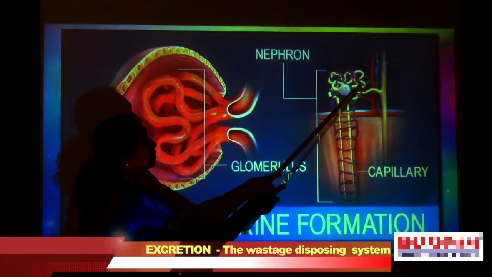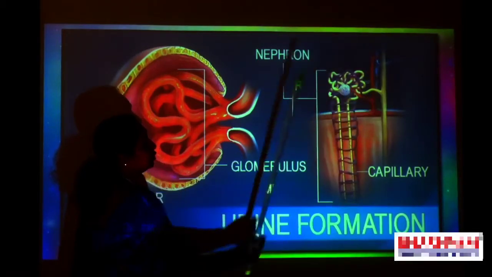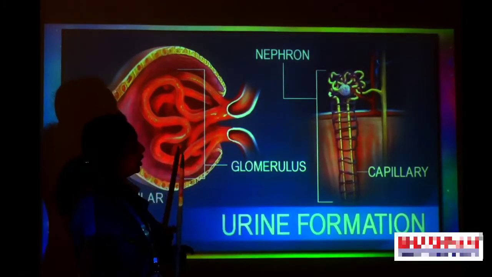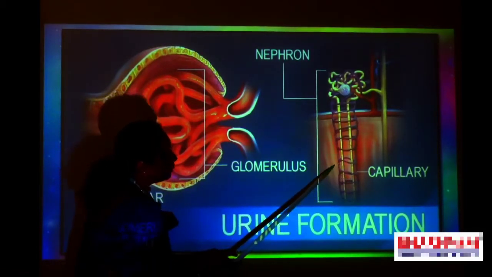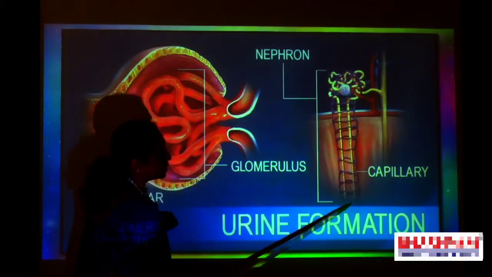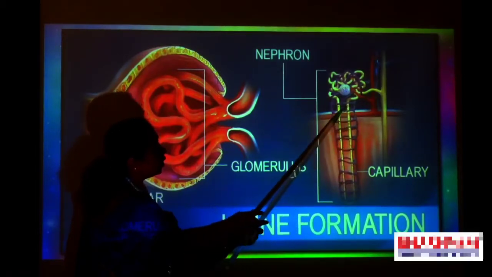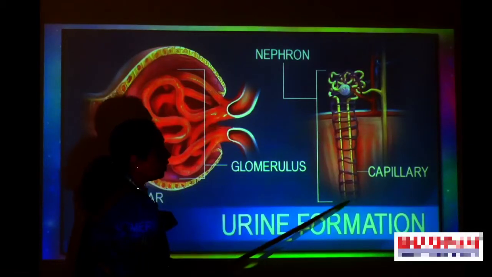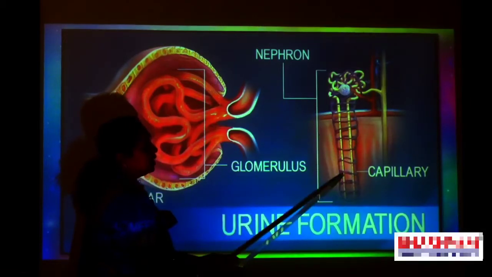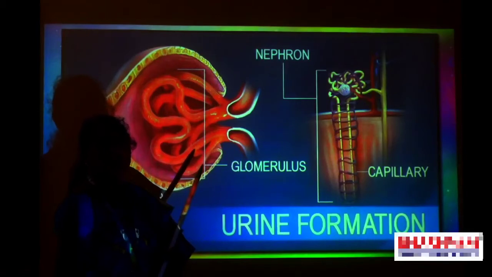Then it moves to the DCT and the collecting tubule. In this picture, you very clearly see the number of blood capillaries surrounding the loop of Henle throughout its length. This whole network of blood capillaries, we call the vasa recta.